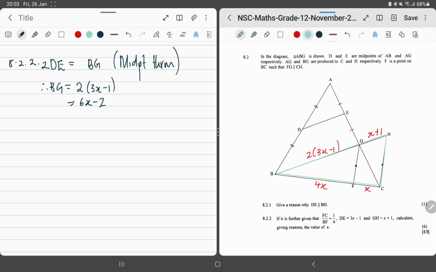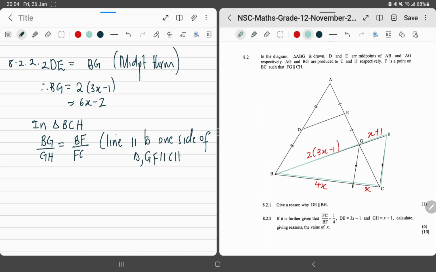Because there I can apply the proportionality theorem. In triangle BCH, BG over GH is equal to, so BG goes with BF, and then GH goes with FC. This is the line parallel to one side of the triangle.